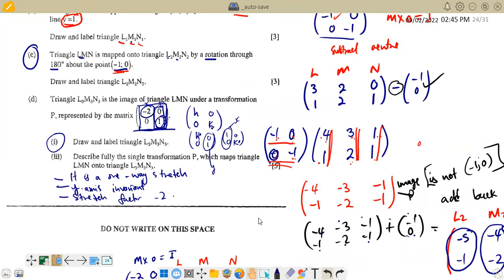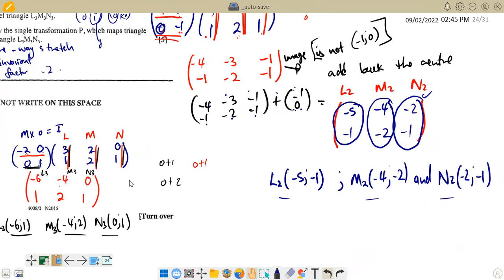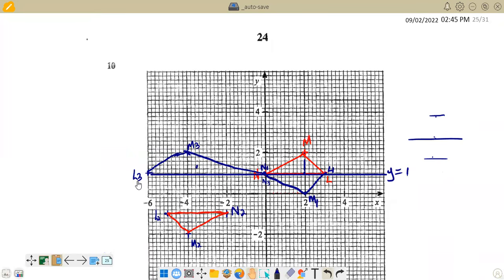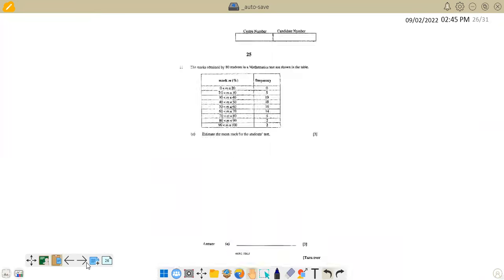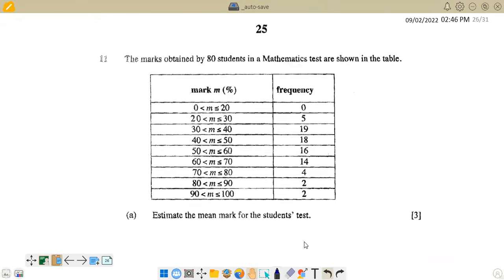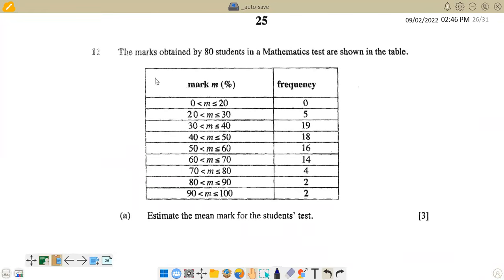So we shall just look at the other part of the paper, which is the other question. Let's see what we are given. So this is the 10 that we had drawn everything. Then now let's move on to the other one. The other question, okay, this is statistics. Number 11, the marks of 80 students in a mathematics test are shown in the table.